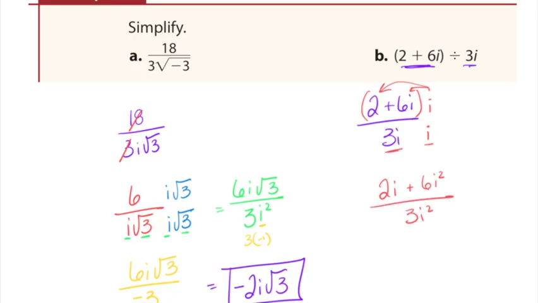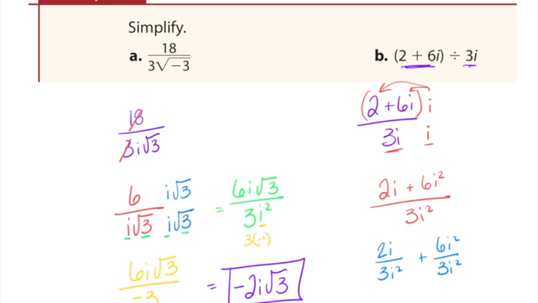I'm actually going to do this by splitting it up. All right. So I am going to simplify this piece. I'm going to say 2i over 3i squared plus 6i squared over 3i squared. All right.